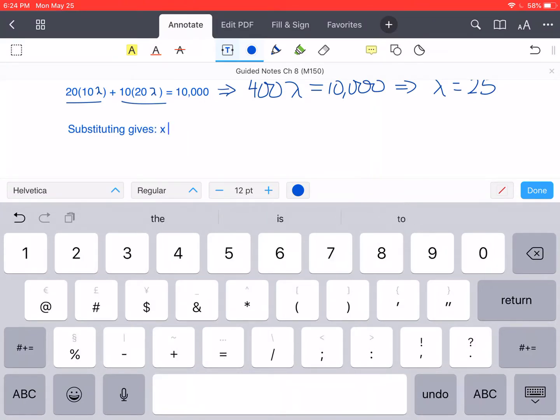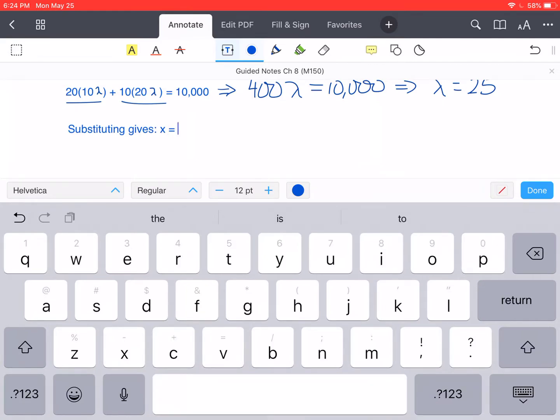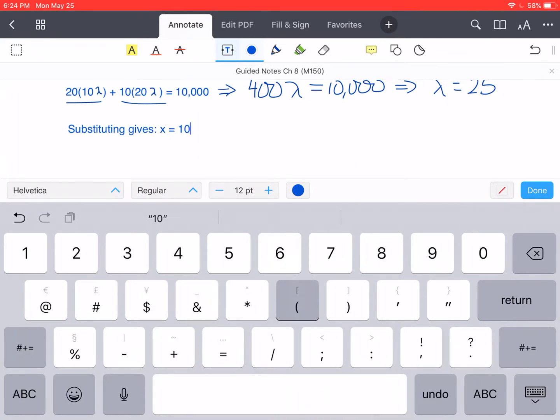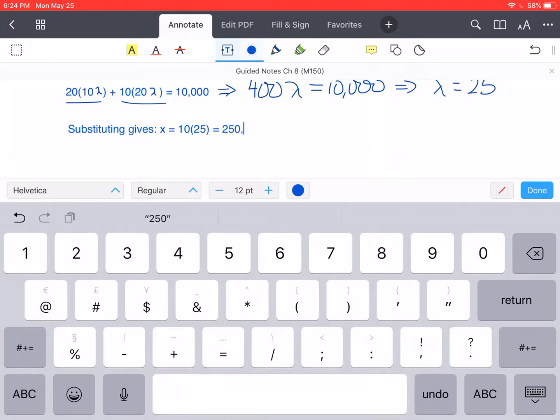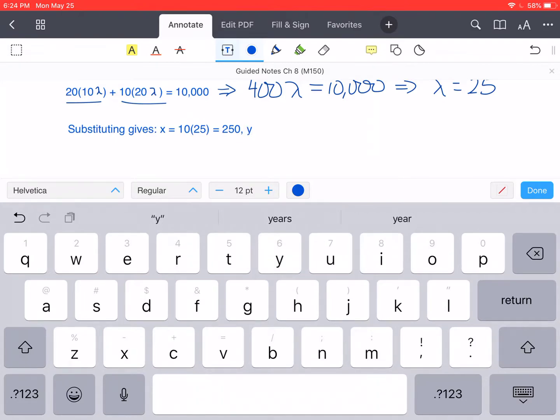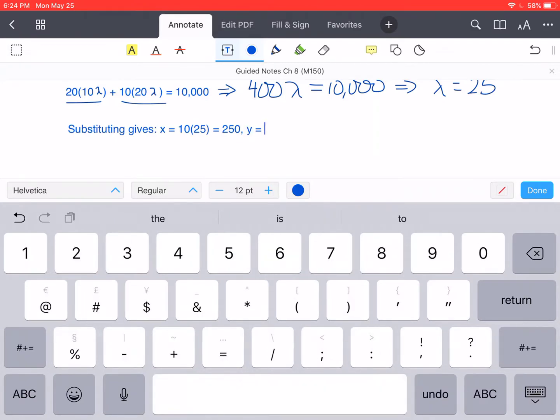We have x equals 10 times lambda, so 10 times 25, which of course is 250, and y, which is 20 times lambda, so 20 times 25 is 500. So now we have our x and y values, 250 and 500.